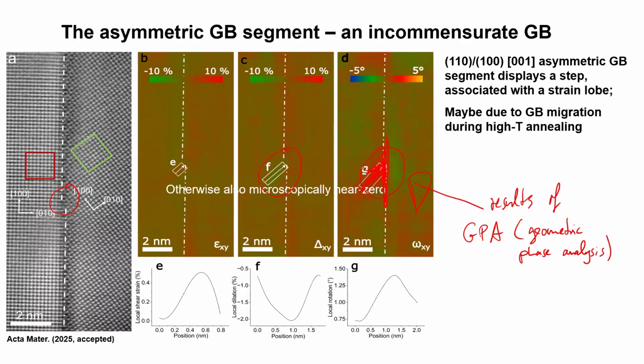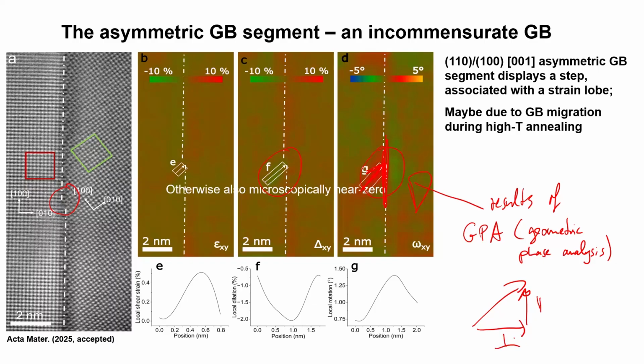Isn't that odd? Because if you would do this, you can always separate it into two orthogonal components, right? So it means you would have strain acting on the boundary perpendicular and in parallel.